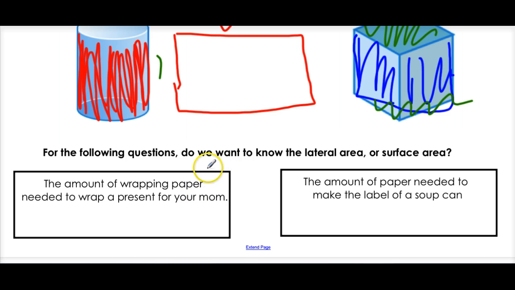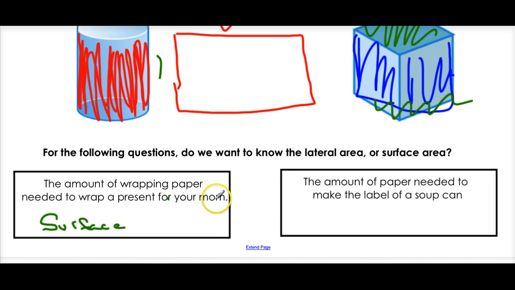For the following questions, do I want to know the lateral area or the surface area? Well, the first question is the amount of wrapping paper you need to wrap a present for your mom. If I want to know how much wrapping paper to cover the whole thing, what do I need to know? That's right, the surface area, because I need the sides and the top and bottom so I can cover the whole thing up.